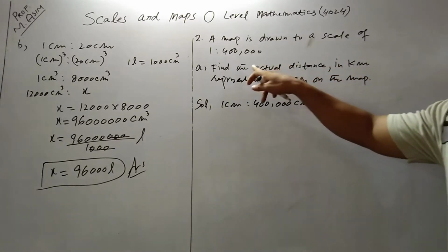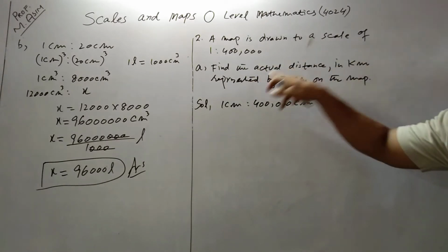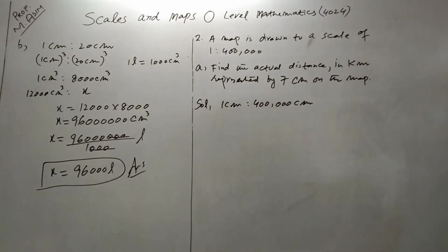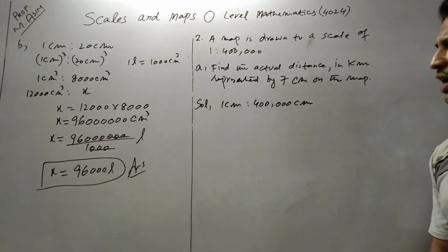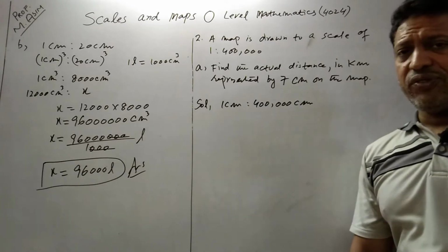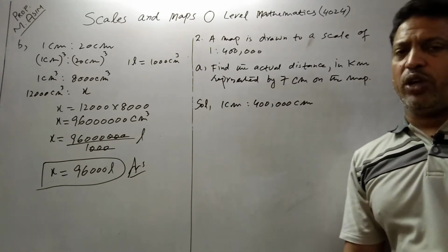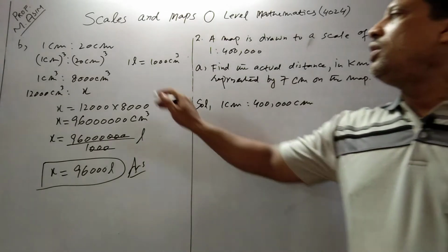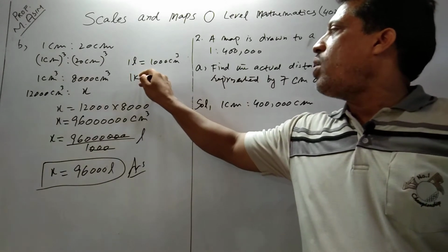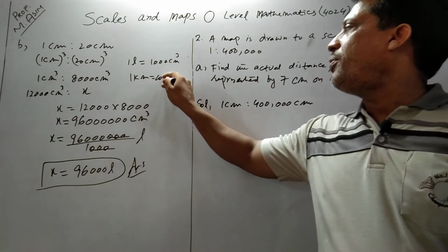According to the question, find the actual distance in kilometers represented by 7 centimeters. So student, first you have to convert this 400,000 centimeter into kilometer. How? You must know 1 kilometer represents 100,000 centimeter.